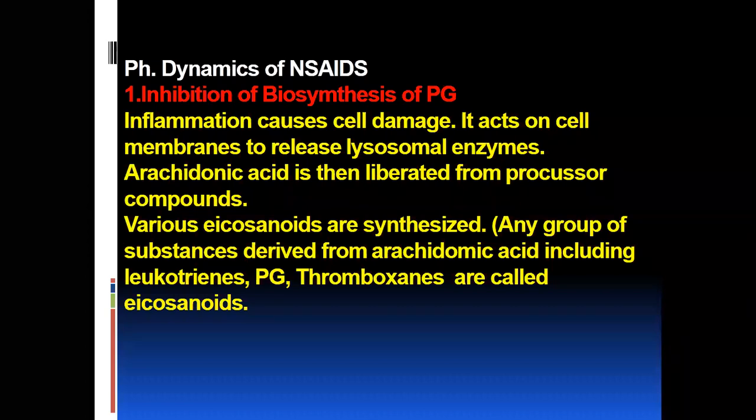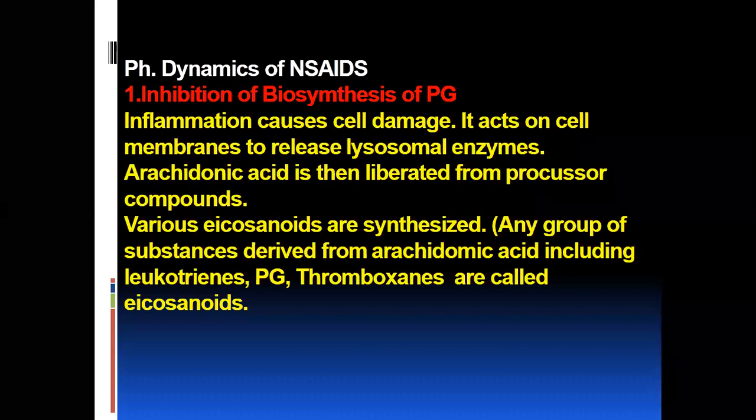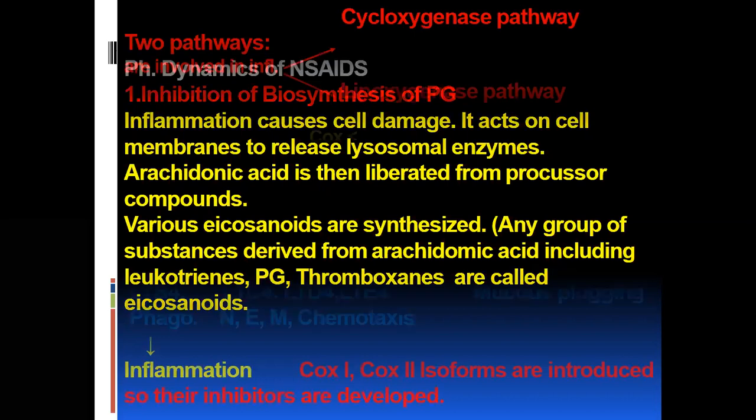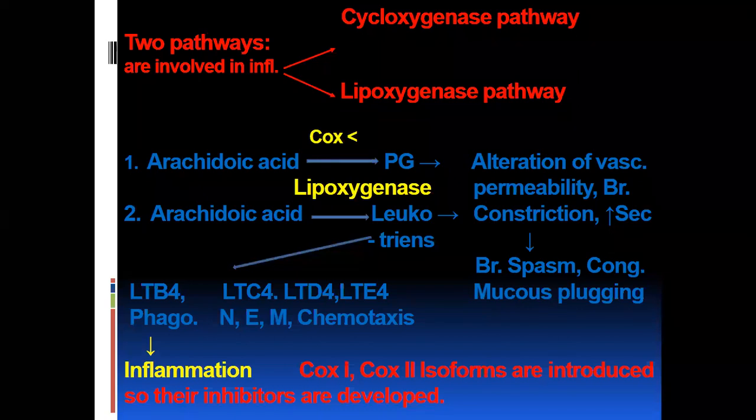And what are eicosanoids? Any group of substances derived from arachidonic acid, including leukotrienes, prostaglandins, and thromboxane. These are all called eicosanoids. Two pathways are involved in the inflammatory processes: the cyclooxygenase pathway, where the non-steroidal anti-inflammatory drugs act, and the lipoxygenase pathway.